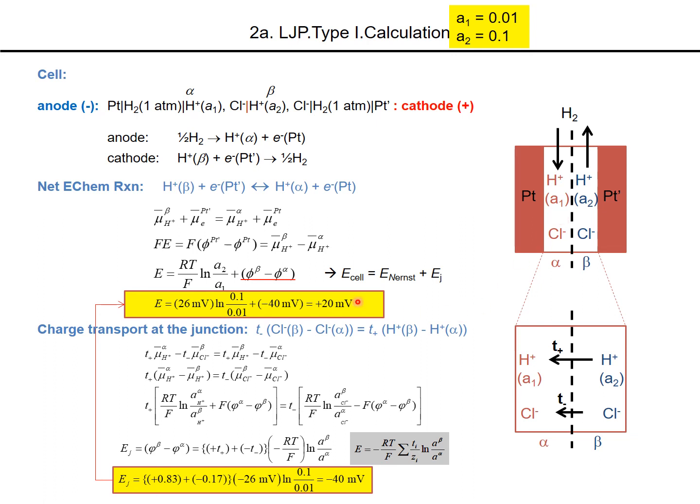So the total cell potential is plus 20 millivolt rather than plus 60 millivolt. In this case, the liquid junction potential is serious, so you will lose some potential by the liquid junction.